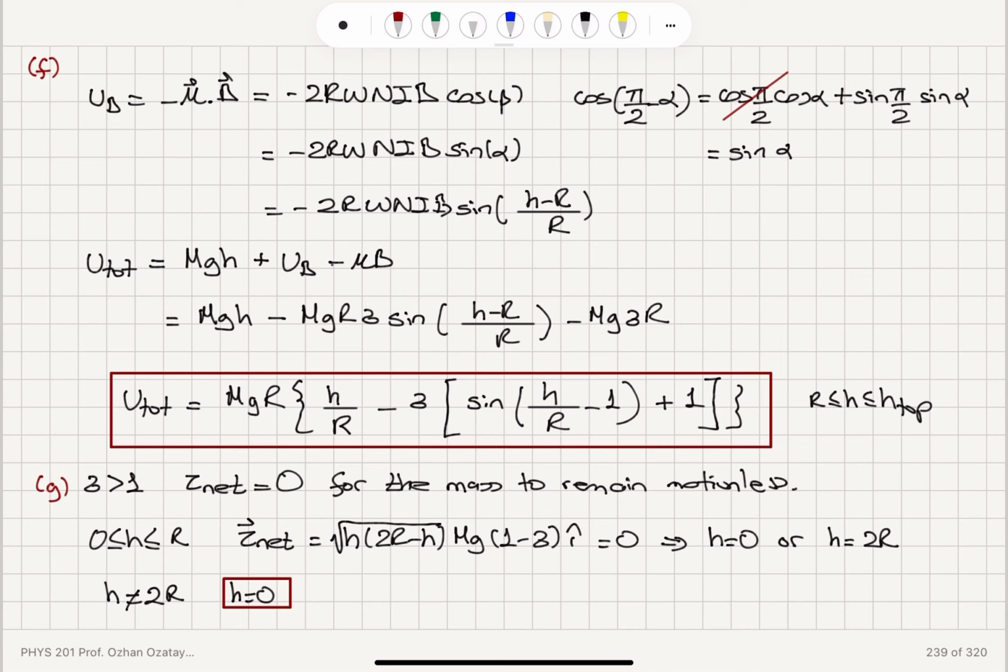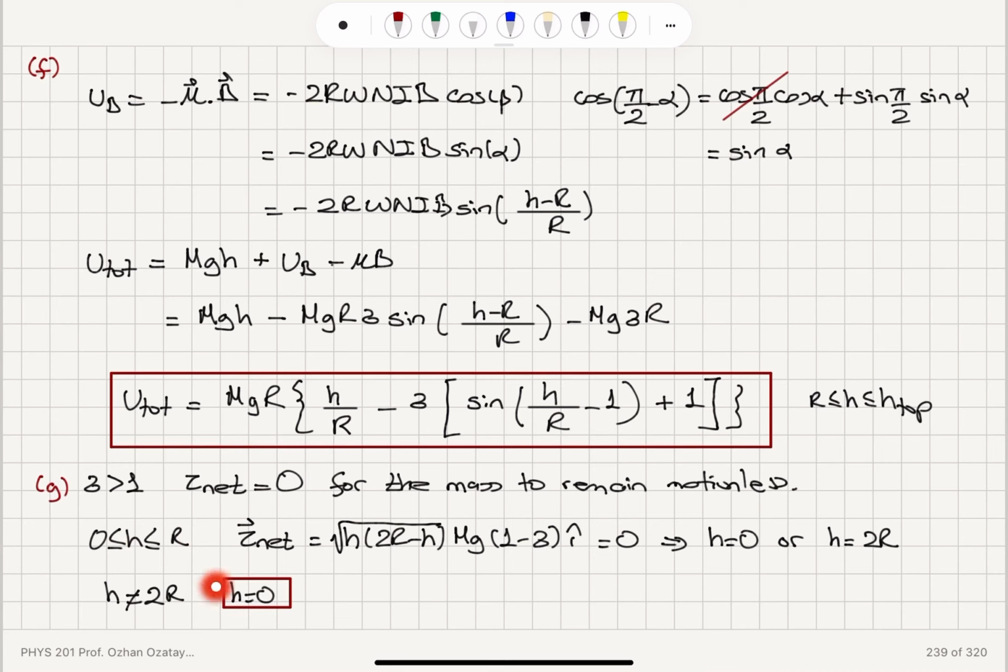So if sigma is greater than 1, for what value of h does the mass remain motionless? For h between 0 and R, there are two solutions, h equals 0 and h equals 2R, for the net torque equals 0. The answer we have copied from part C, but h equals 2R is not possible because this is not valid for h greater than R, so this answer is not correct.